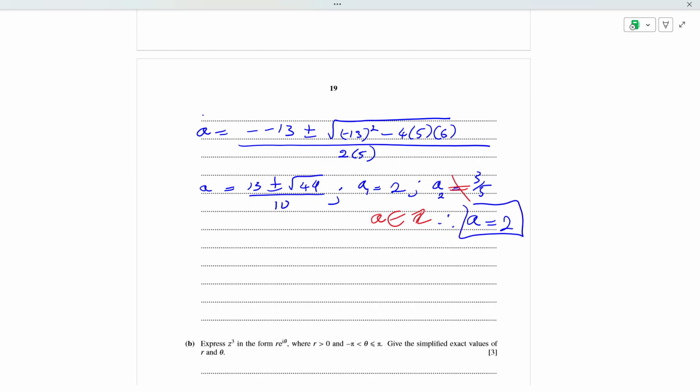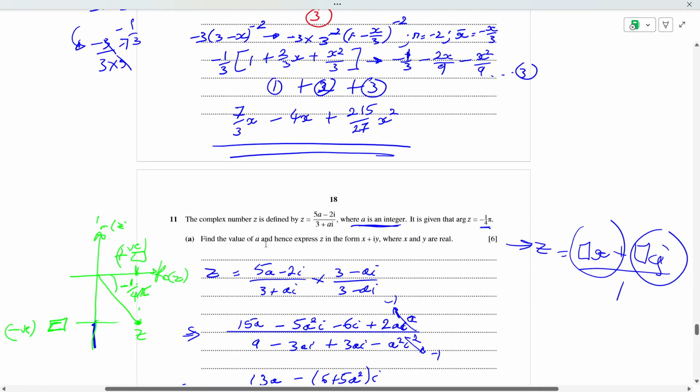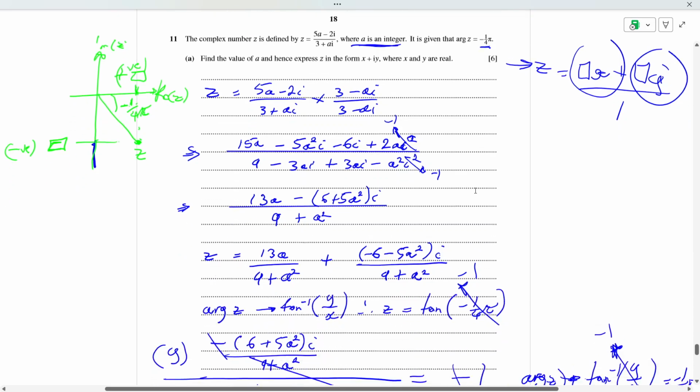But remember, that's not the whole question. The question didn't only ask for the value of a. It says find the value of a and then express z in the form x plus iy.